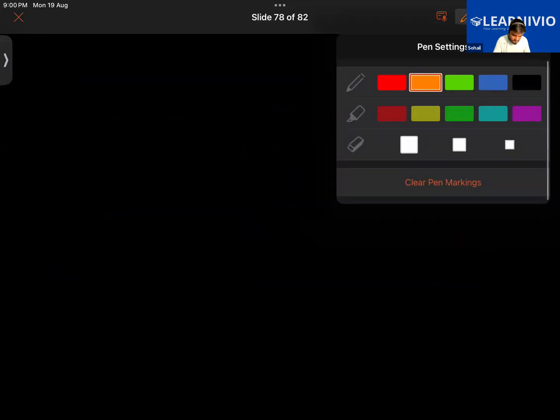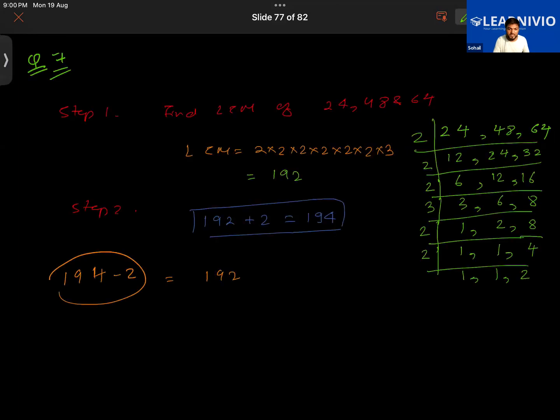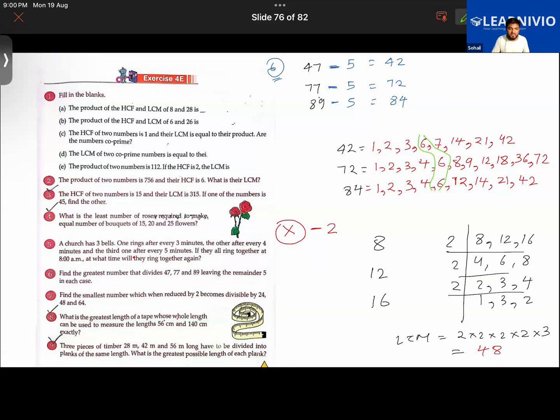56 multiplied by 140? No, why would you be doing that? Try to understand the question. No, first of all, Habib, the question is saying what is the greatest length of a tape whose length can be used to measure two different lengths? Like what should be the maximum length of the tape using which you can measure a length of 56 centimeter and another length of 140 centimeter.